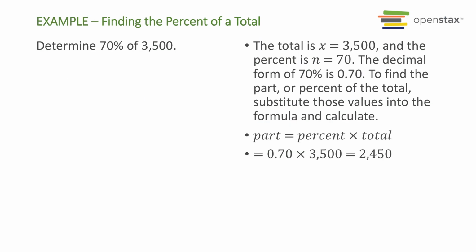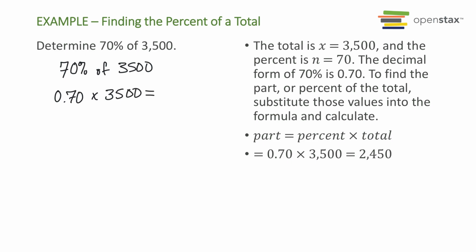So let's look at this example. Determine 70% of 3,500. Let me write the word of. First thing we want to do is convert 70% to a decimal, so 0.7, and we're going to multiply that by 3,500.